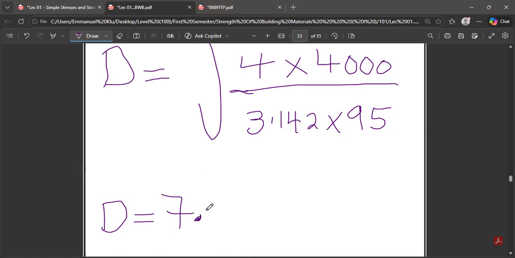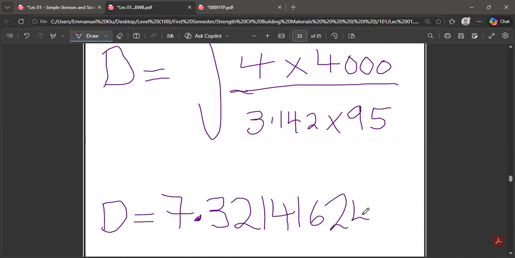Okay, yes, that is why we taught you the base quantities. So the answer is actually 7.3214 millimeters. Okay, so I'm writing more decimal places because I need more marks.